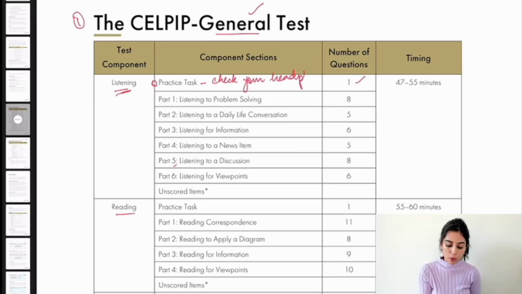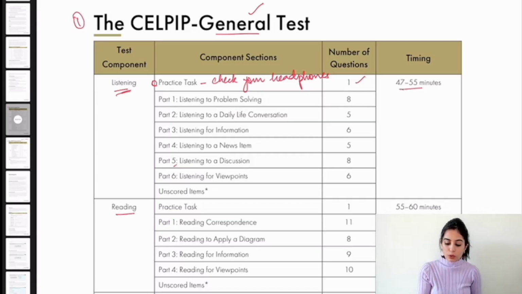It's really important. If there are any logistical issues with the hardware, software, you're not able to see the screen, or there is some sort of freezing happening, or the headphones have some sort of static noise, or are not clear, or are not working properly, you can just raise your hand, call the invigilator, and they'll resolve the issue.